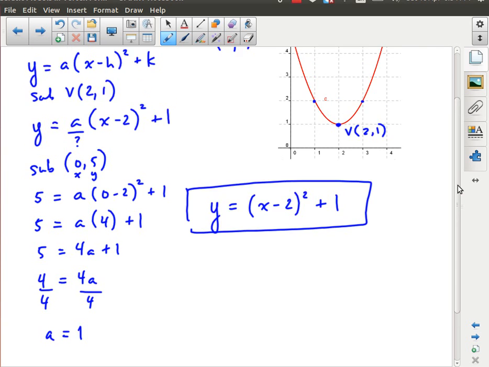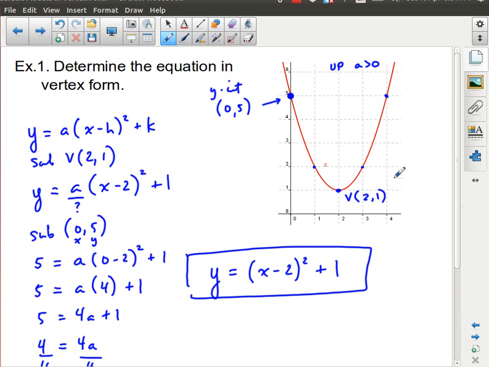And as I said at the end of our note, why don't we make sure that makes sense? We take a look. We did end up with a being positive, so that's a good thing. If there's a value of 1 in front, then what does that tell us? It says that this parabola has not been stretched or compressed with respect to the parent function.